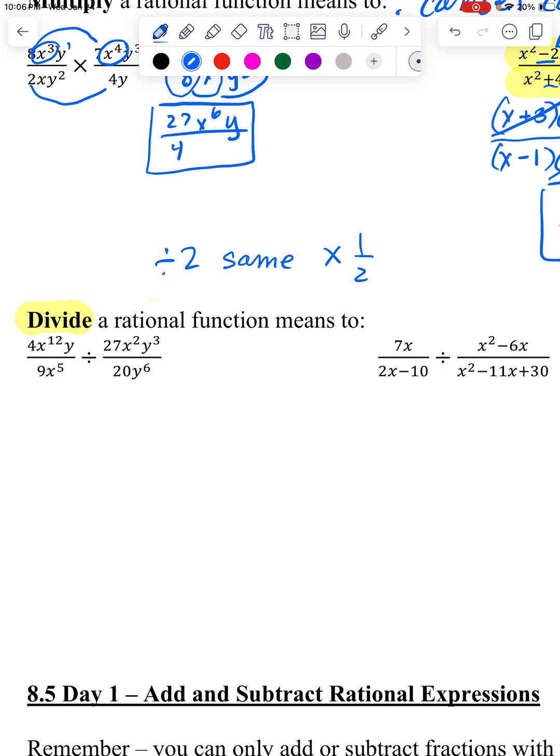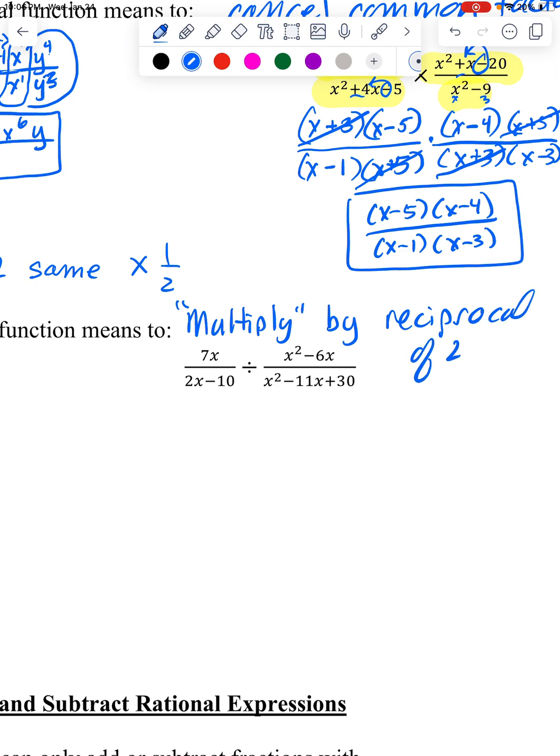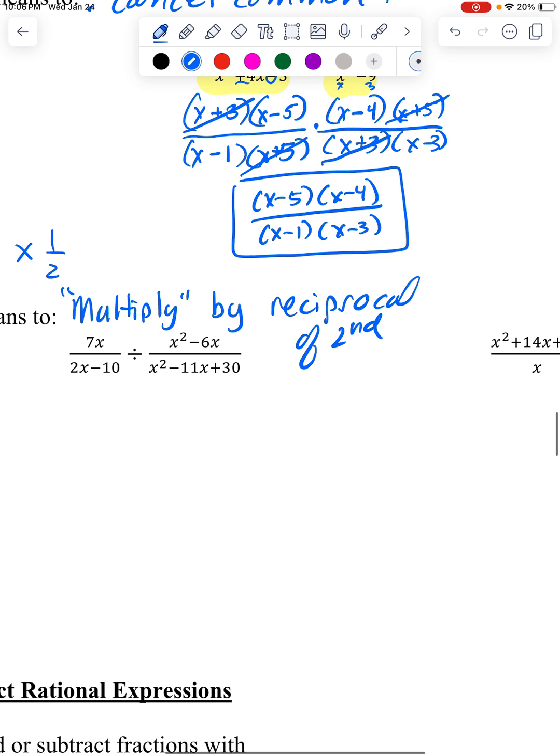So what we're going to do instead for dividing is multiply using all the rules that we just did up above, so factor and whatnot, but you're going to multiply by the reciprocal of that second function, or of the second fraction.